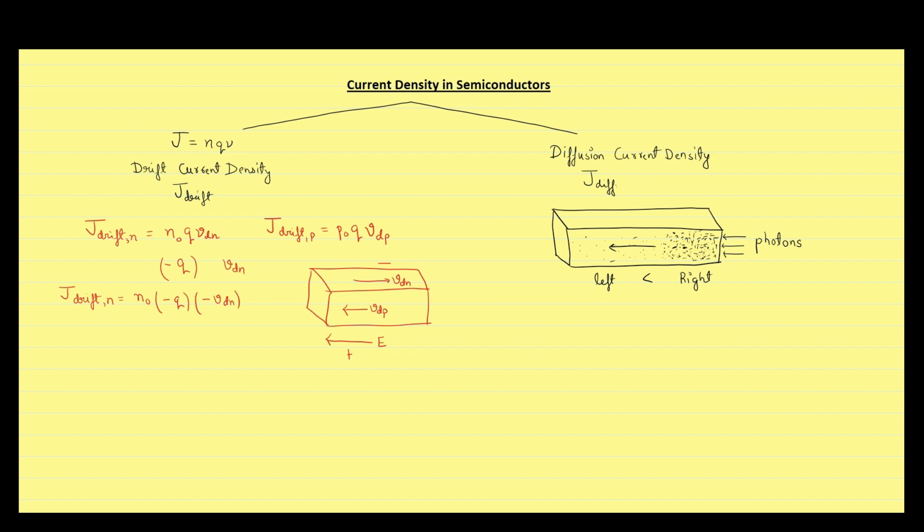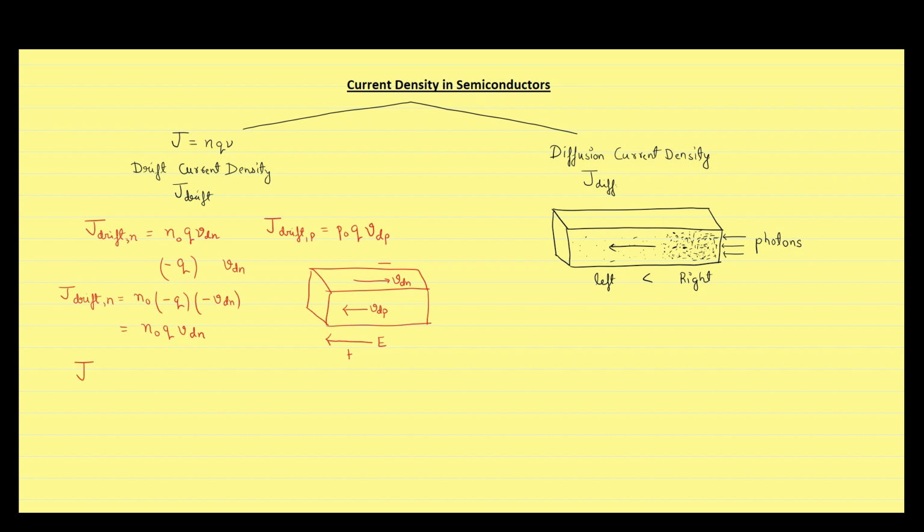Two negative signs will cancel each other, giving us N0 multiplied by Q multiplied by VDN. That's how we get drift current density for free electrons and holes to be of the same sign. You should not go ahead to next lectures unless it is clear to you that the current density for free electrons and holes is in the same direction. I will try to find another way to make this particular point clear in the next lecture.